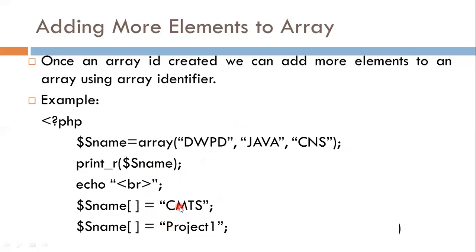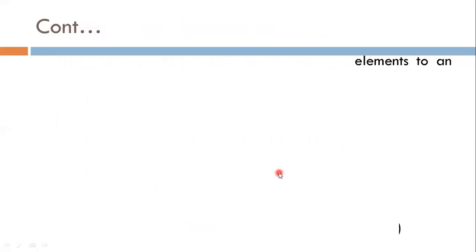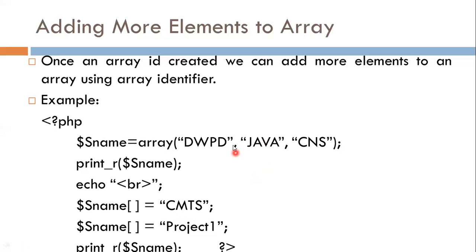It is possible in PHP, and two subjects are added, CMTS and project, with index 0 for DWPD, 1 for Java, 2 for CNS, and continuous numbering starts from the next subject CMTS, which is 3, and for project the index is 4.